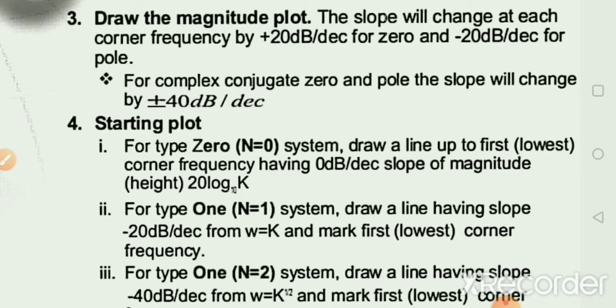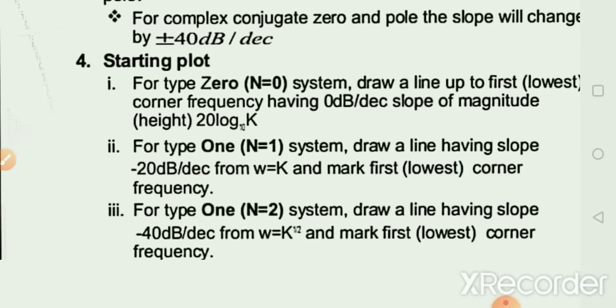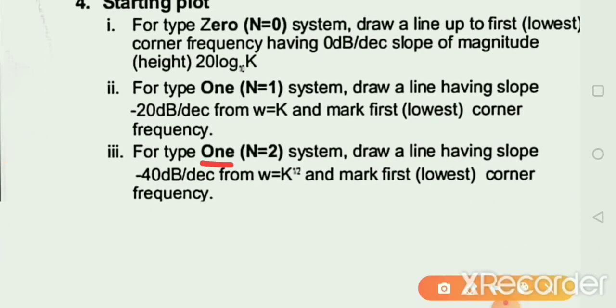For a type 1 system, the slope starts from minus 20 dB per decade, and for a type 2 system, it starts from minus 40 dB per decade. Here this is type 2.